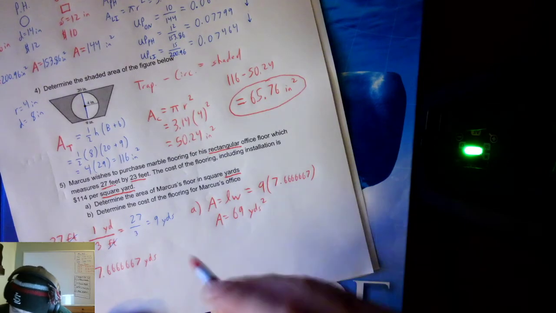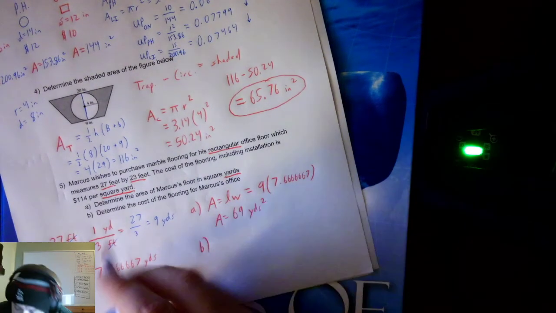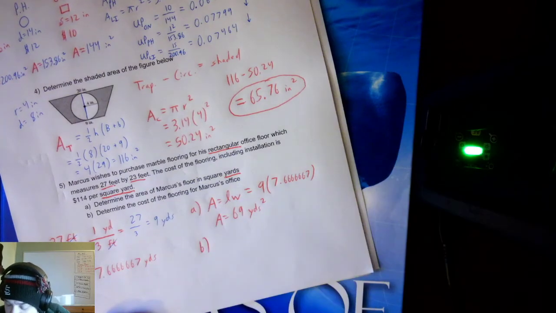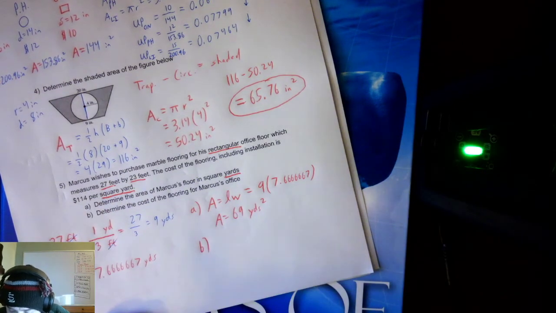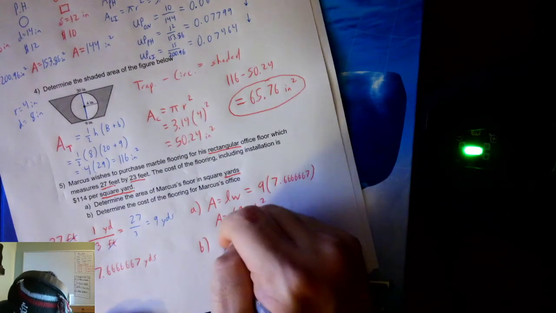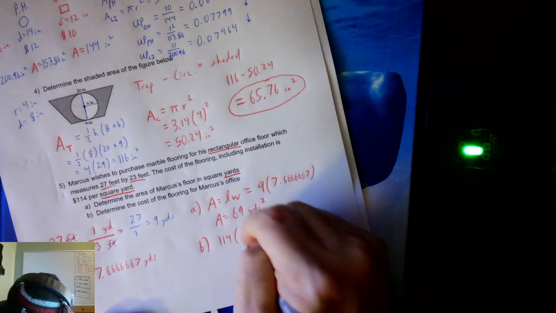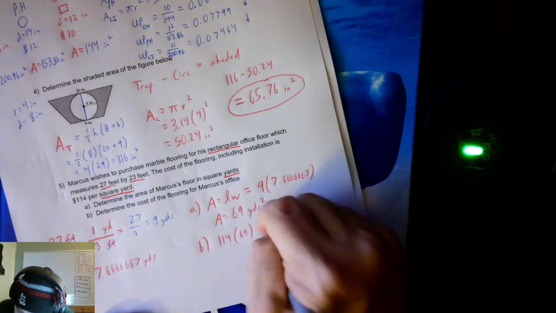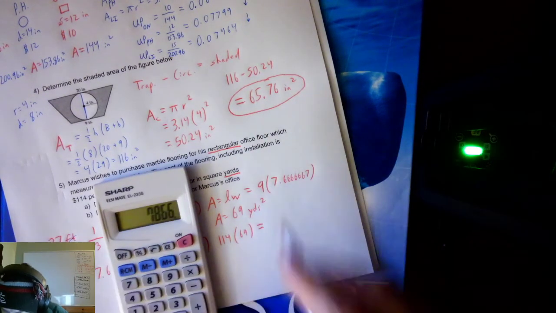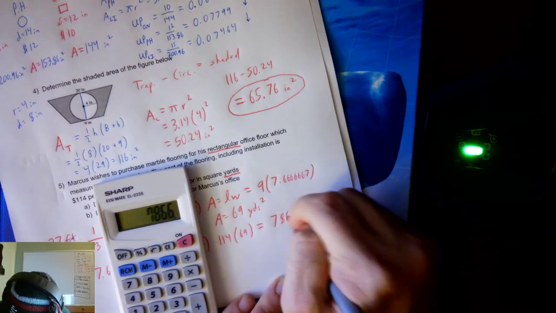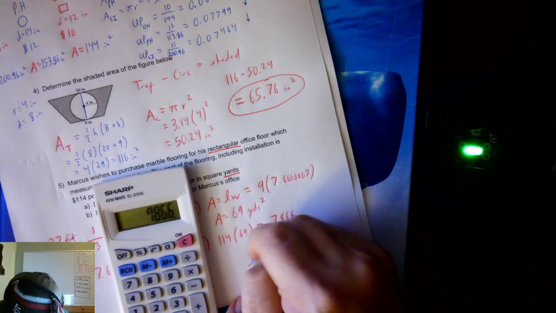Now, that was part A. Part B says determine the cost of the flooring. Well, each square yard costs $114, right? So if it's $114 and I have 69 square yards, I'll multiply those two, right? And I'll get 7,866, which would be dollars, right?